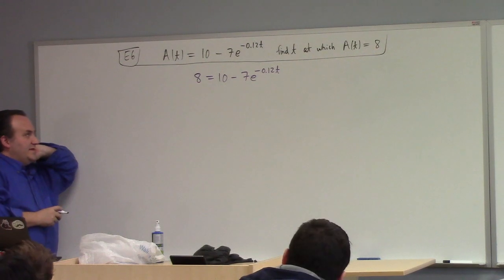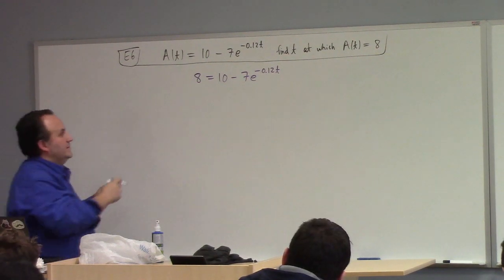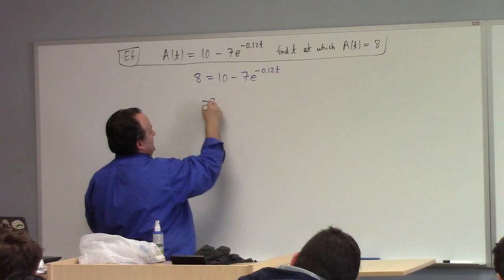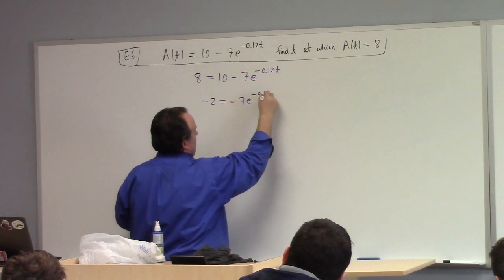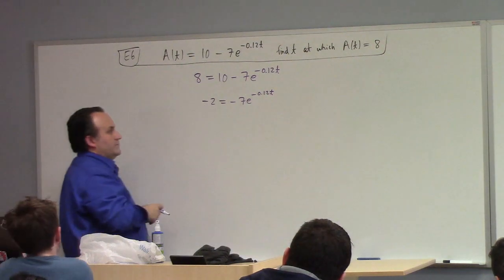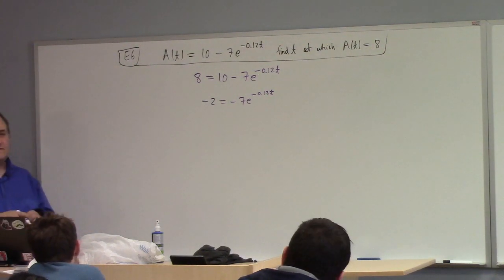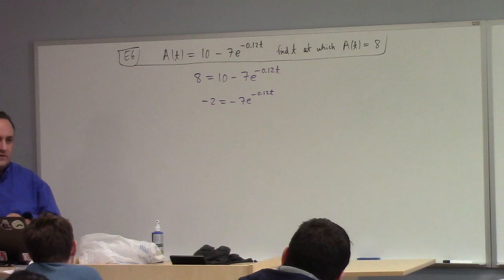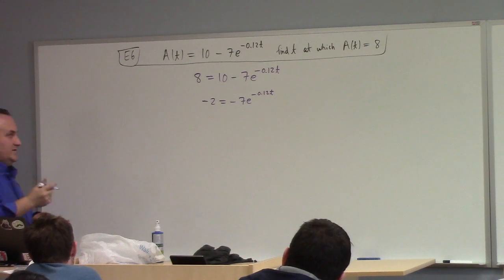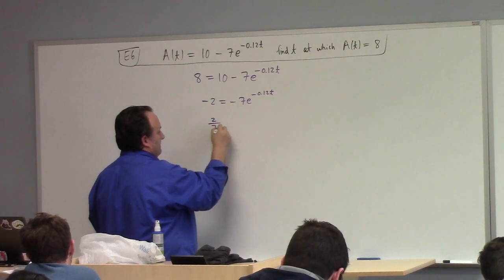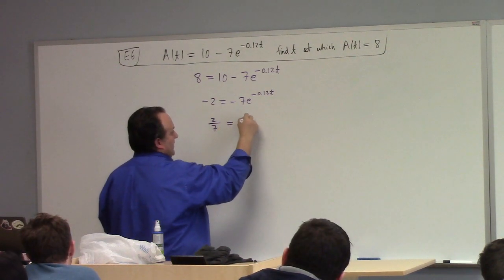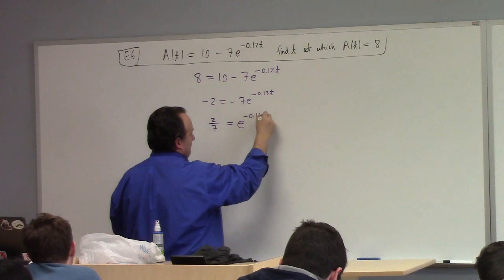Let's see here. So I'd start by subtracting 10 to the other side. And that would give me minus 2 is minus 7 e to the minus 0.12t. I want to isolate the exponential, right? So I should divide by minus 7. And so that's going to give me 2/7 is equal to e to the minus 0.12t.